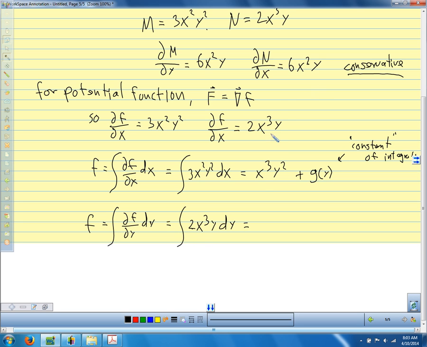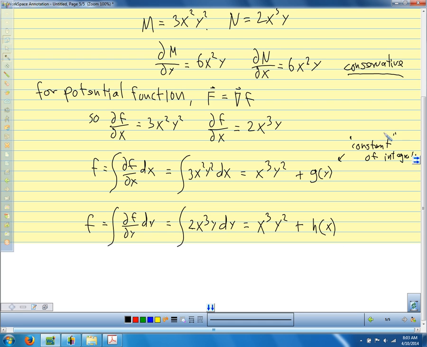Did I do this one right? Yes, 2x to the third y. So when I integrate that with respect to y, I get x to the third y squared plus some constant of integration with respect to x.